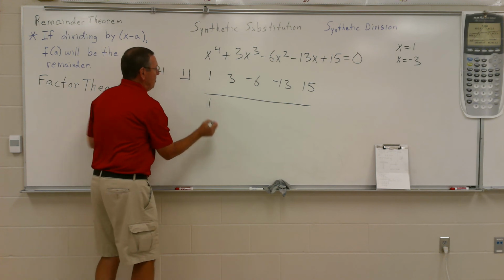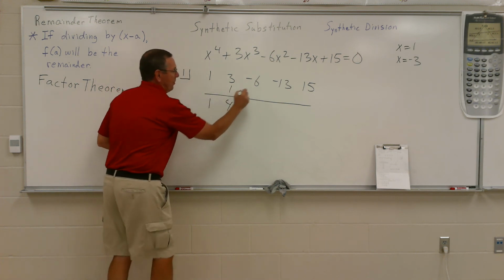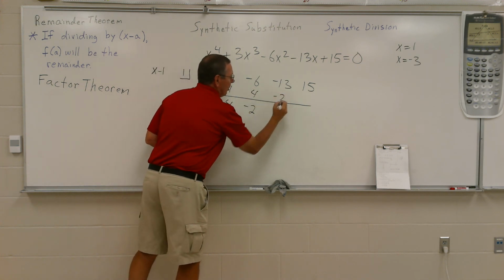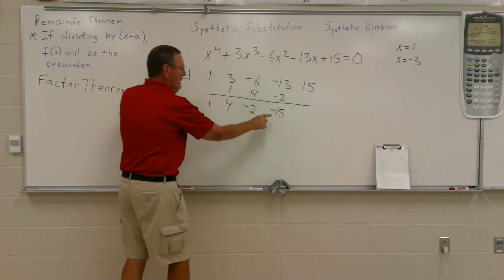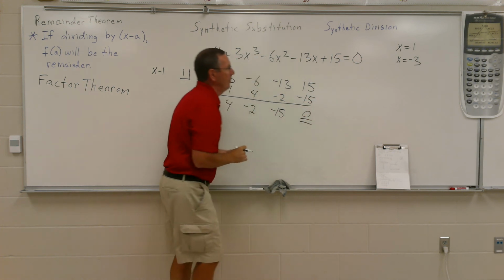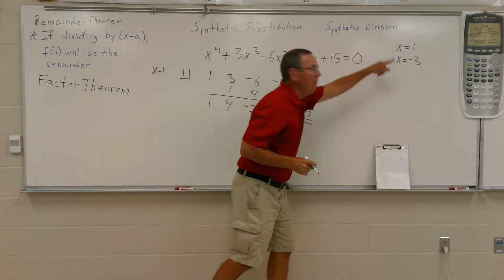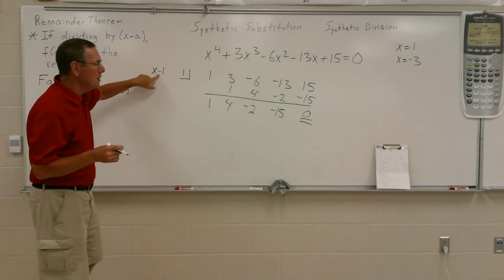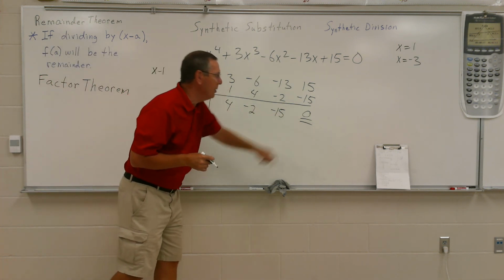Bring down my first number, multiply and add, multiply and add, multiply and add. And you better get a 0 here. If that's an answer, then x minus 1 has to be a factor, and you better not get a remainder.